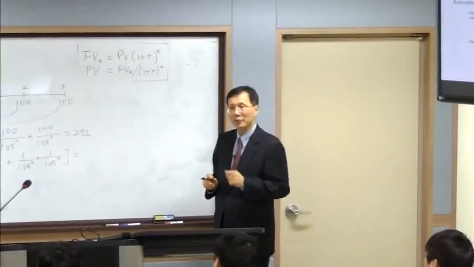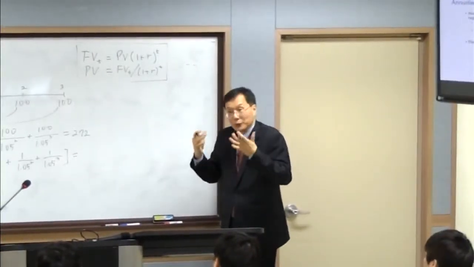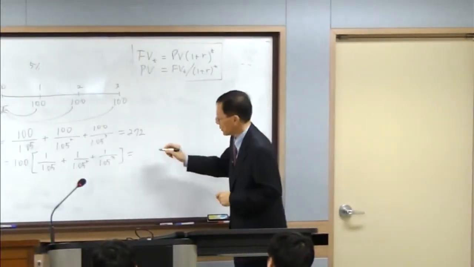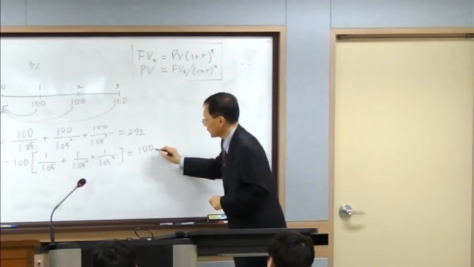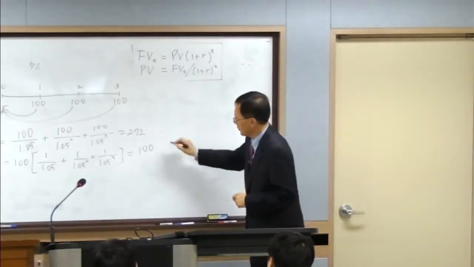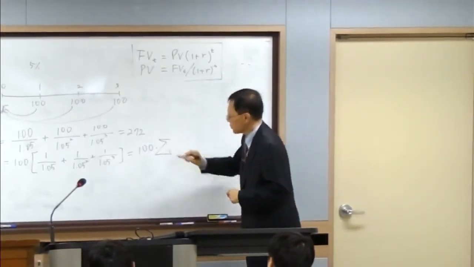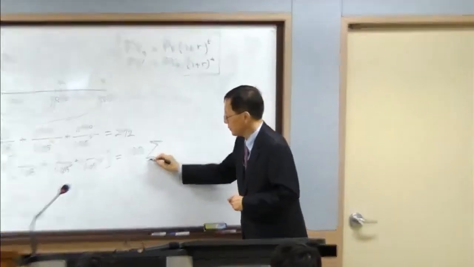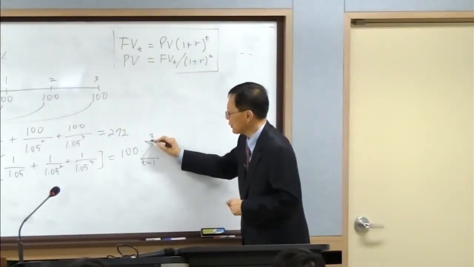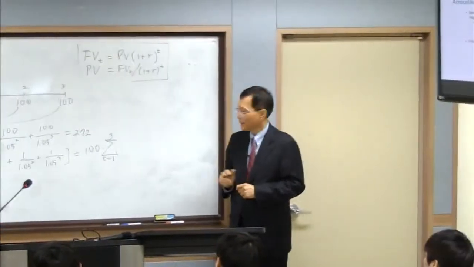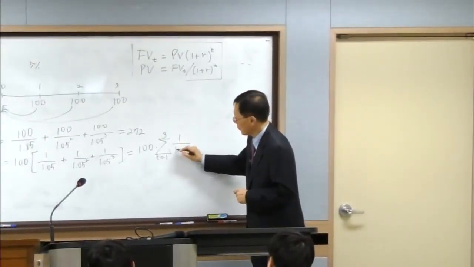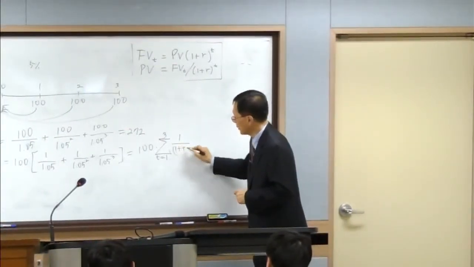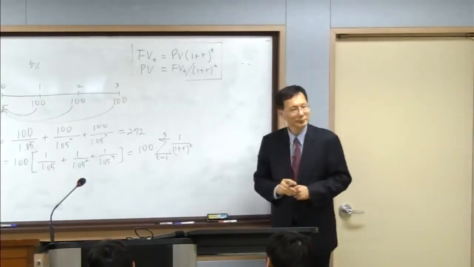Or in terms of mathematical notation, sorry about this notation, but what can you do? 100 times the summation for t from 1 through 3 of 1 over (1 plus r) to the tth power. Right?